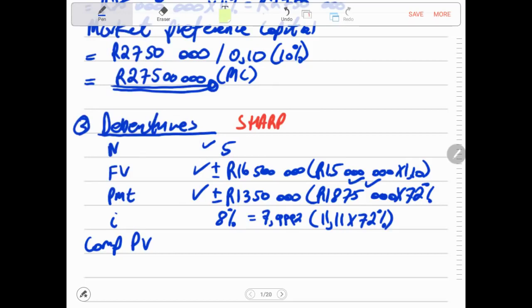So now I have my N, which is 5. 16,500,000, which is plus or minus future value. And I have plus or minus 1,350,000, which is my PMT. Then I have 8, which is my interest. Then I am looking for the present value.